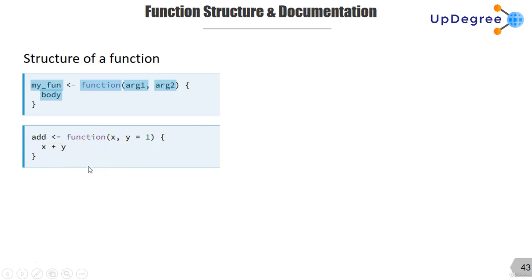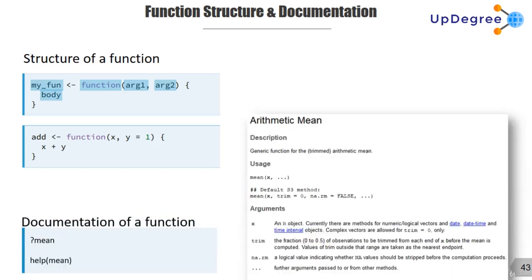We'll be learning all those things, how to write a function on your own. But before that, we will learn about a couple of inbuilt functions in R which are very popular, and we would be using all those functions in our subsequent courses.